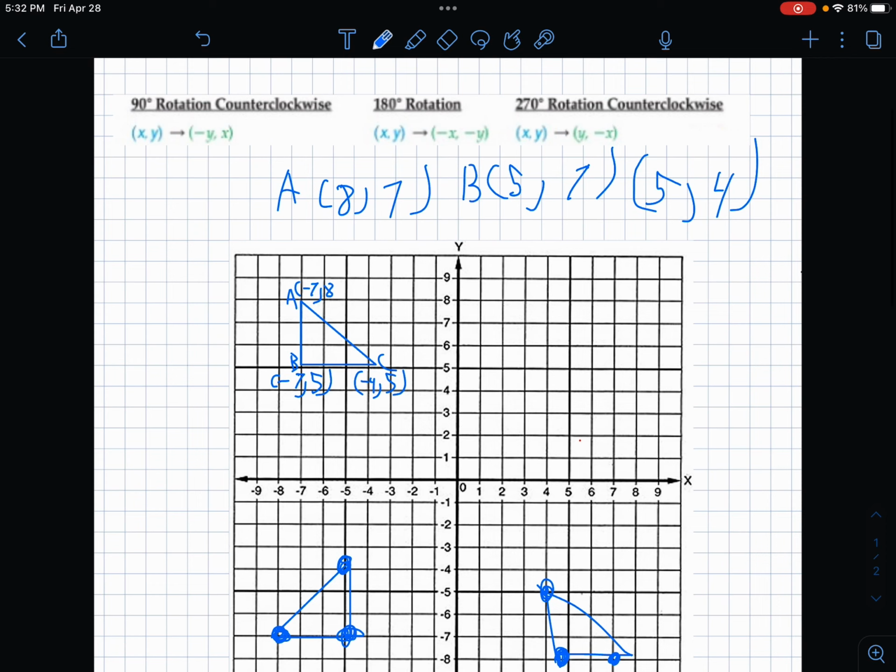Anyways. So 8, 7 is going to be right here. There we go. And 5, 7 is going to be right here. And then 5, 4, it's going to be right over here.